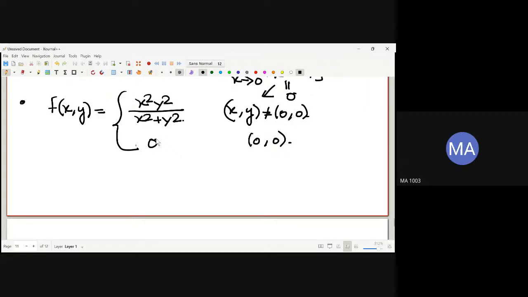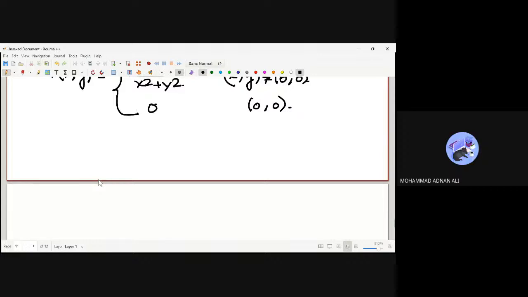So what I want to do is find the limit of the function at (0, 0). It would be x square less than or equal to x square plus y square, correct? Please mute yourself, whoever is talking.